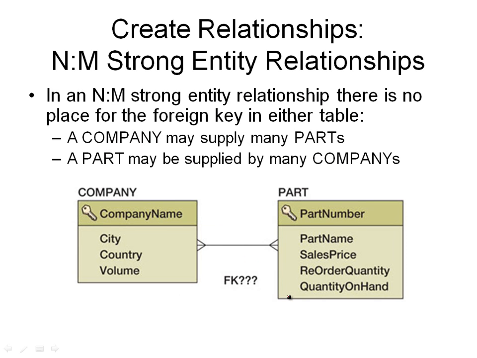For the many-to-many, in a many-to-many strong entity relationship, there is no place for the foreign key in either table. So where can we put the primary key or the foreign key? How can we create the relation?